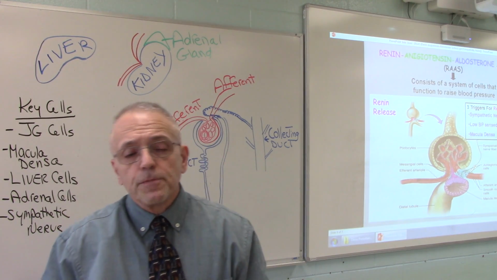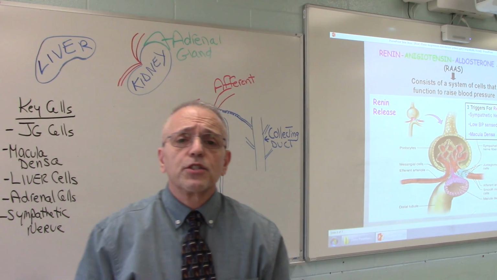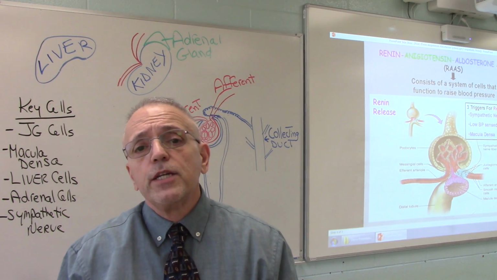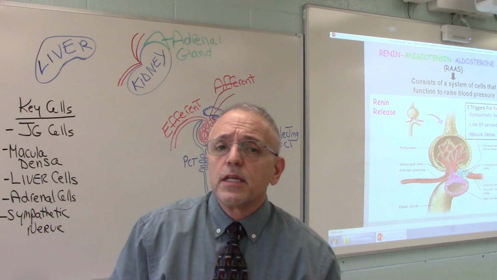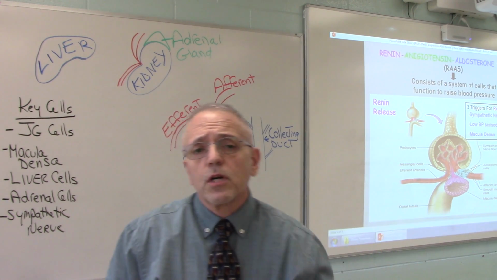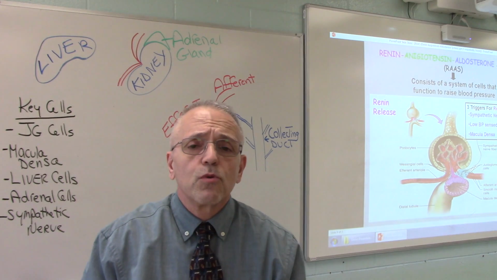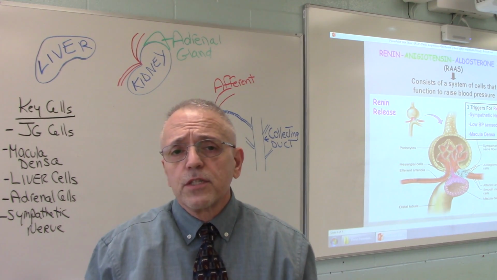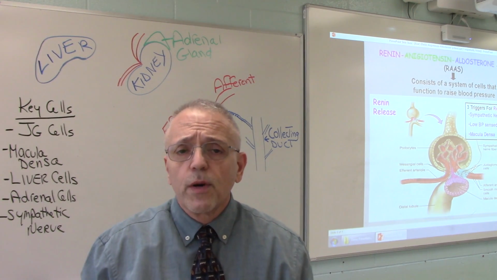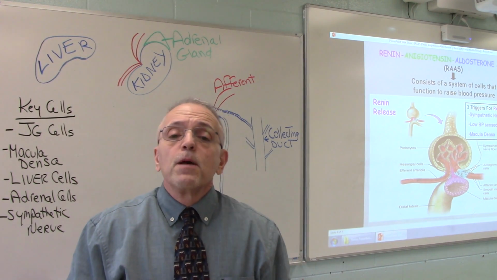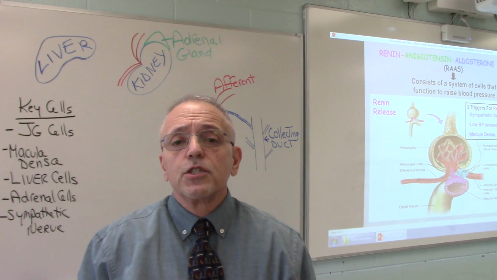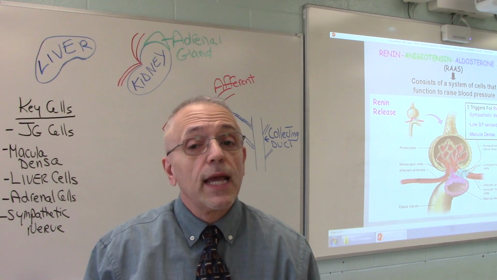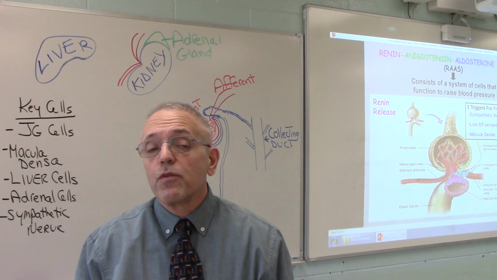This idea of pressure, mathematically, blood pressure can be analyzed or looked at using a fairly simple equation, but I'm not going to really go into that here in this video. Perhaps in another video I'll talk about pressure and talk more specifically about the relative properties of the components of this equation. But in brief, blood pressure is a relationship between the flow of blood and the resistance that the blood encounters during its movement through vessels.